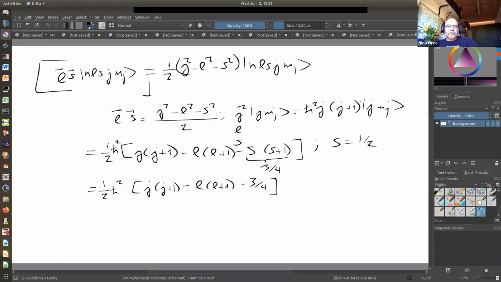And now we know that j can be either l plus minus 1/2, right?